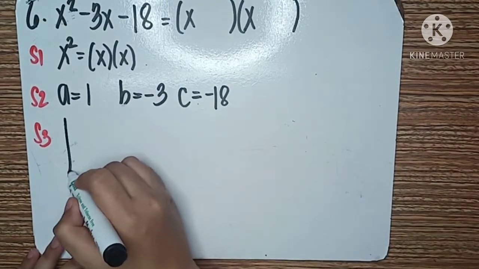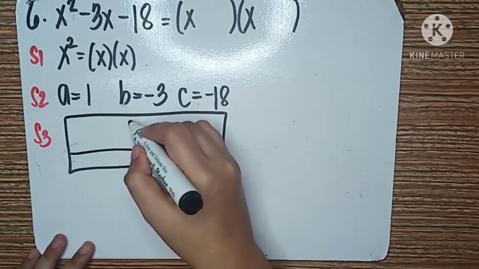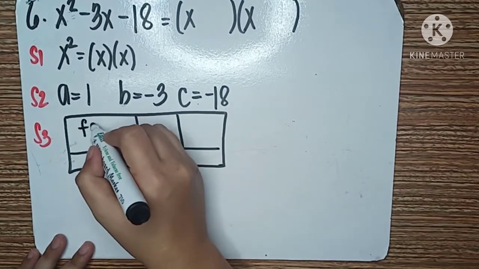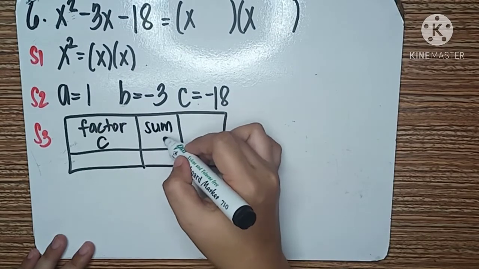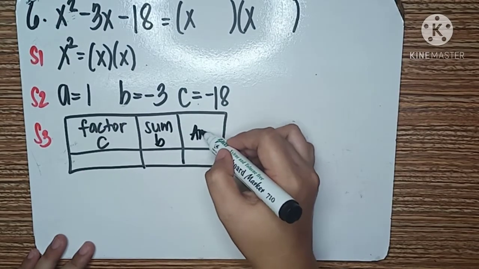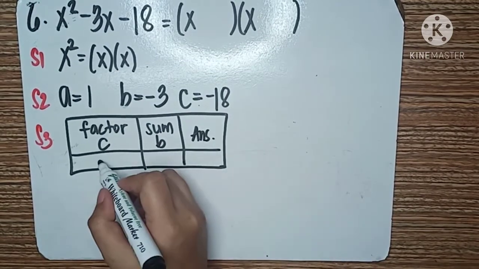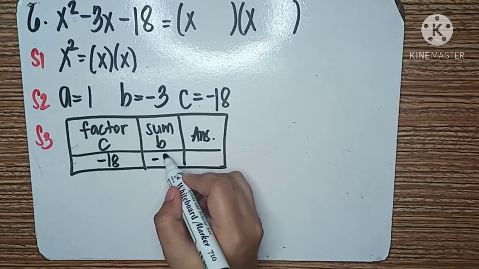Step 3, we'll draw a box with 2 rows and 3 columns. For the first box, we'll write factor of c, sum of b, and then our answer. And the value of c is equal to negative 18. The value of b is equal to negative 3.